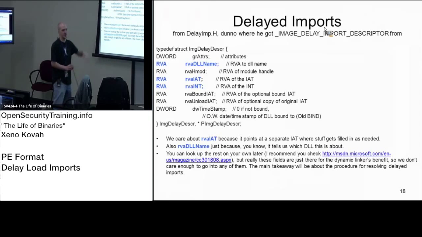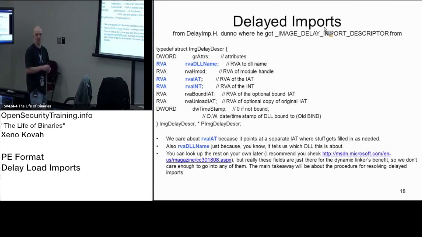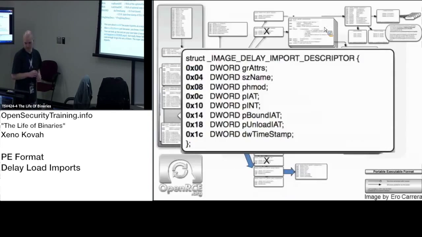These are actually separate, again. Whereas the bound imports was reusing and pre-filling the normal import address table, this is actually going to have its own data structures, its own import address table, its own import names table off to the side, completely separate from the normal import address table.